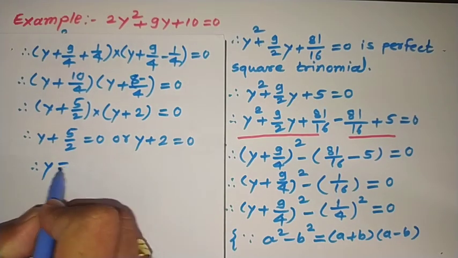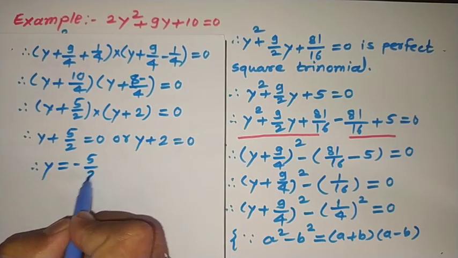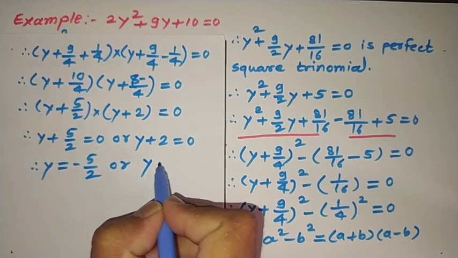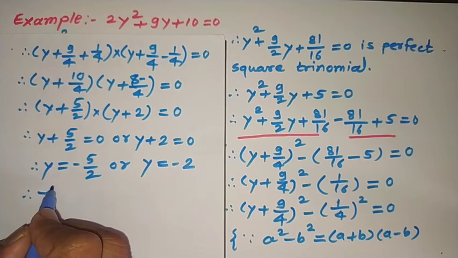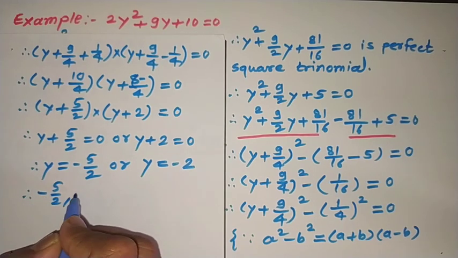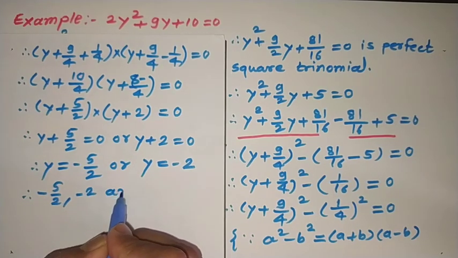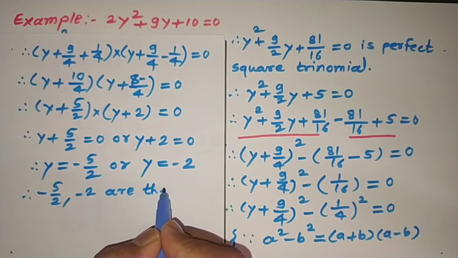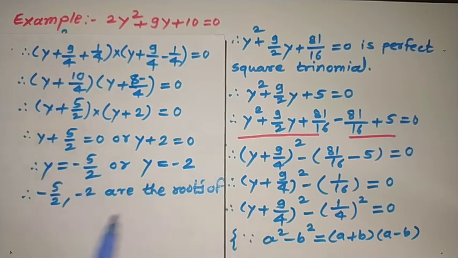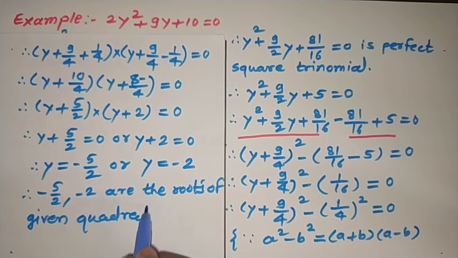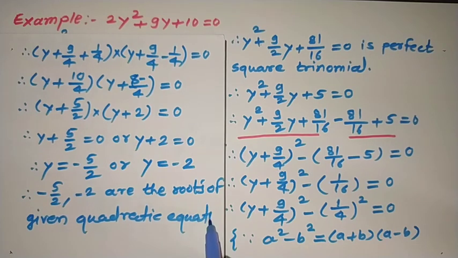Therefore y is equal to minus 5 upon 2 or y is equal to minus 2. Therefore minus 5 upon 2 and minus 2 are the roots of the given quadratic equation.